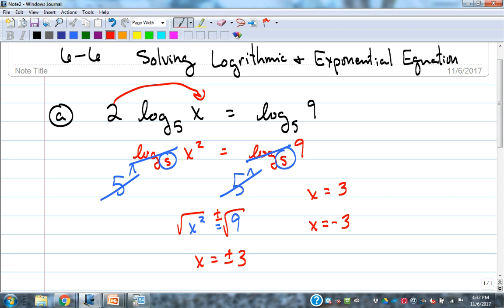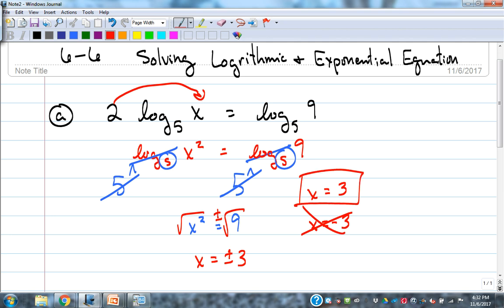It's always positive. So we can't take the log of 0 or any negative numbers. So this one right here, if I plug that back into the original problem, that would be the log base 5 of a negative number. And that's not possible to do. So you know that we're going to throw that answer out. And x equals 3 is the only answer.